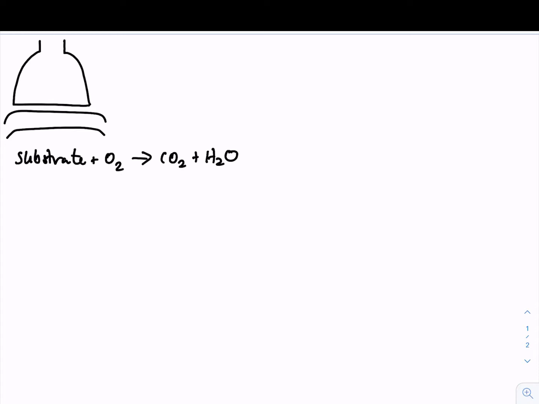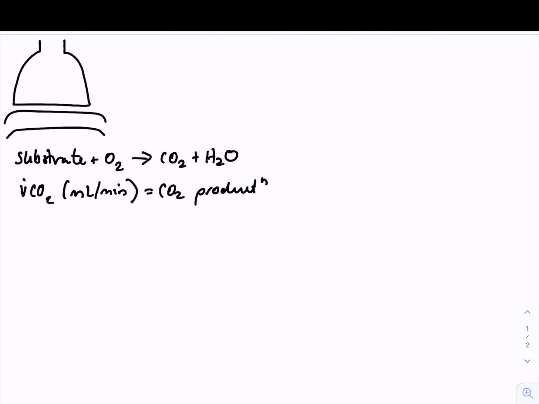form of ATP. Let's call carbon dioxide production in mils per minute, so V dot CO2, which is expressed in mils per minute, is carbon dioxide production.